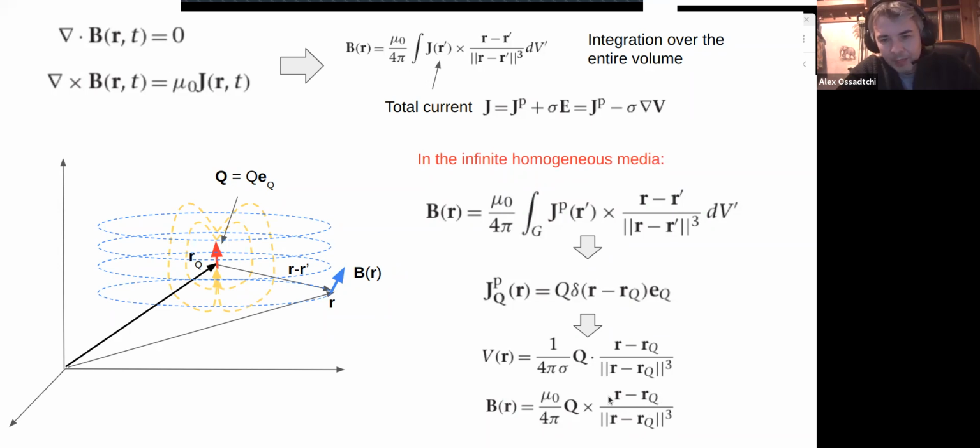And this one is the vector that encodes the direction towards the points where you measure the field, and the distance, okay? But the distance here is nominal. You can put a normalized distance here, R minus RQ divided by the norm of R minus RQ, but then you have already divided by the square of the distance.